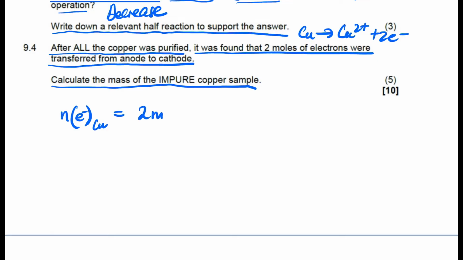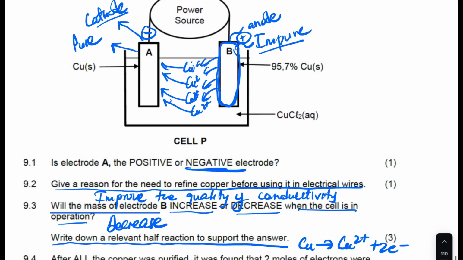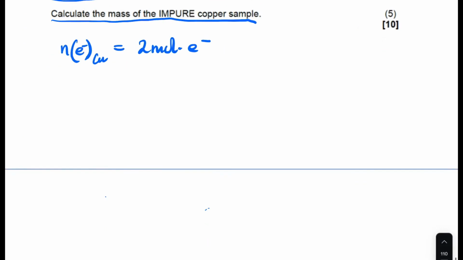When we want the mass of the impure sample, we were told that the percentage of pure copper in this impure sample is 95.7%.